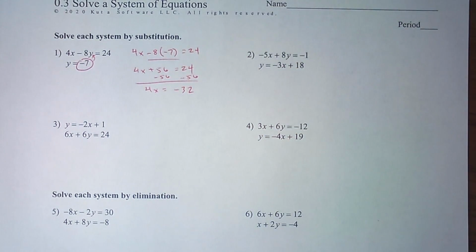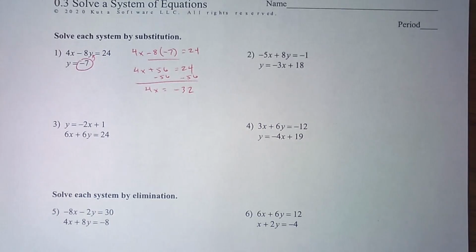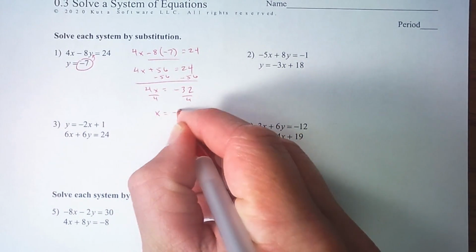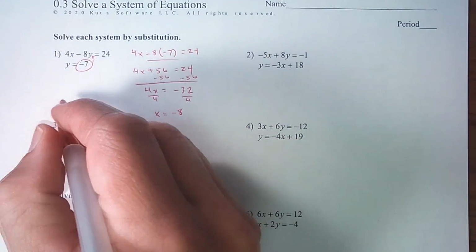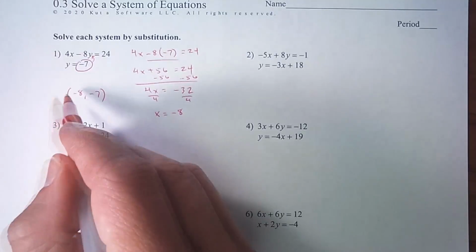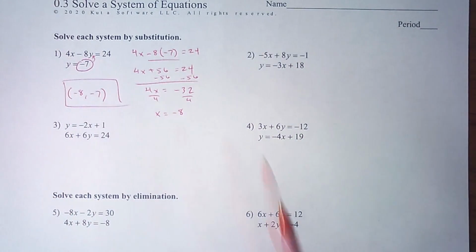Okay, and then divide by 4, and I get x equals negative 8. So my solution set is negative 8, negative 7. Or I could write x equals negative 8, y equals negative 7.